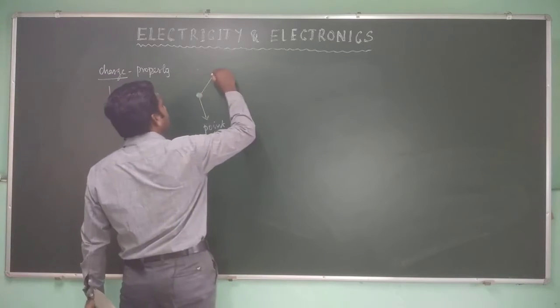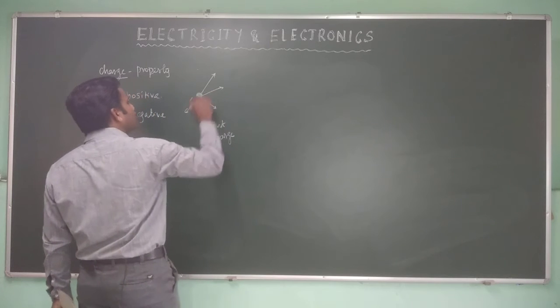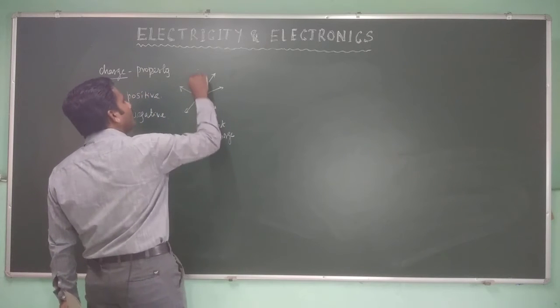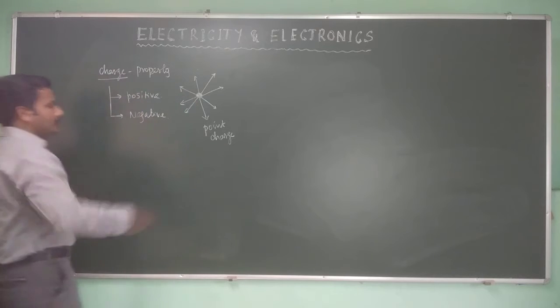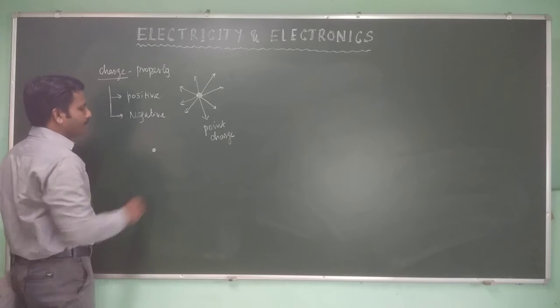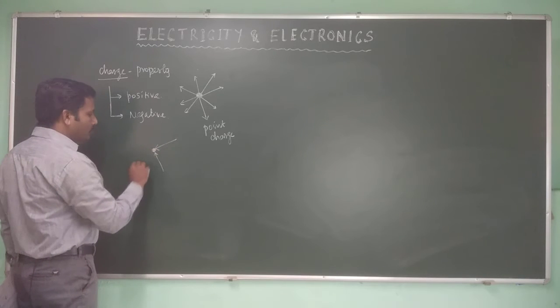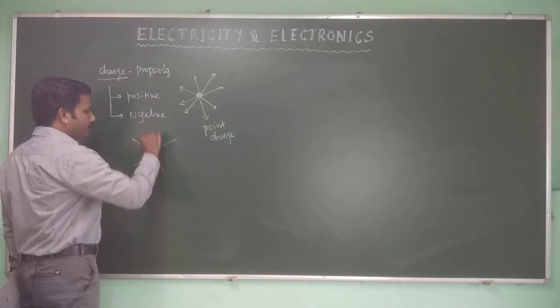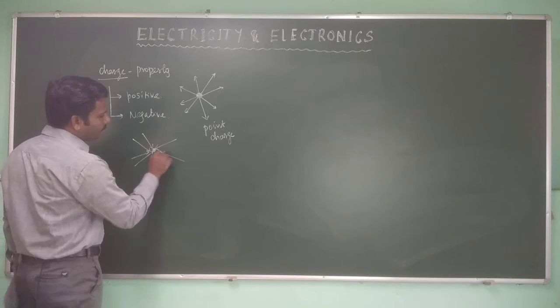If it is positive, then the lines of force point outward from the point charge. Suppose this point charge is negative, then the lines of force point towards the charge.